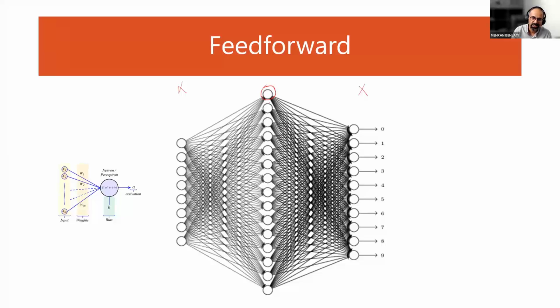We need to repeat this operation in all neurons, including the output neurons. If we do this on every single neuron in our network, we call it feed forward or forward propagation: moving from the input layer to the output layer and doing this calculation for each single neuron in our network.